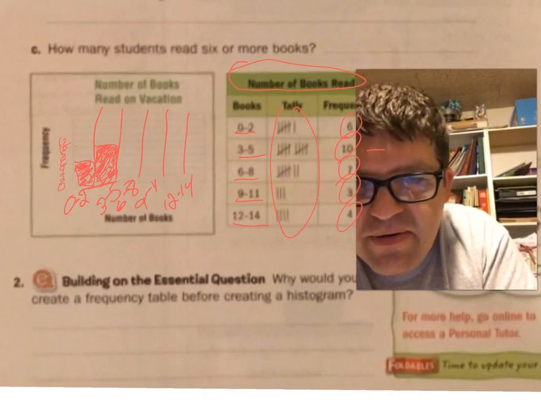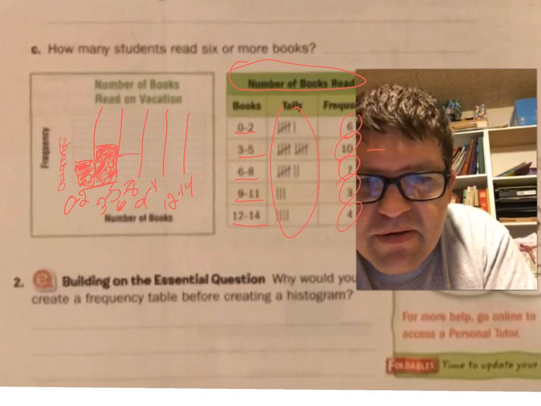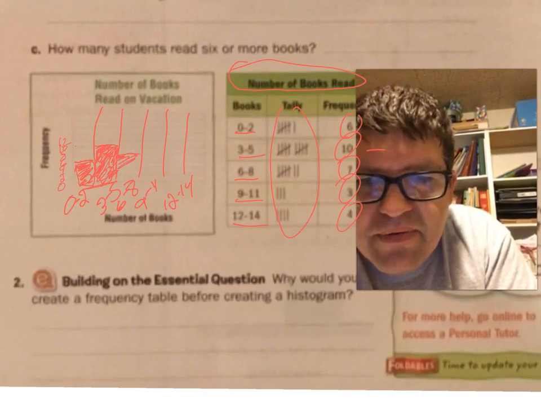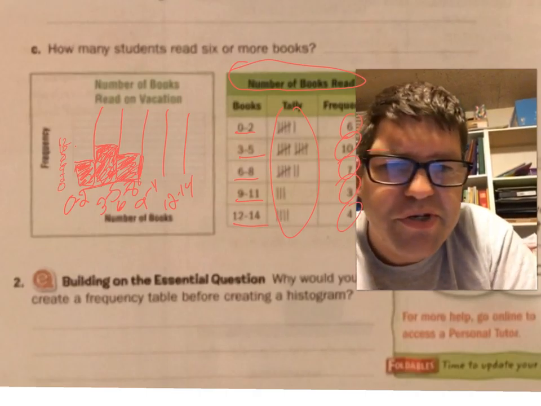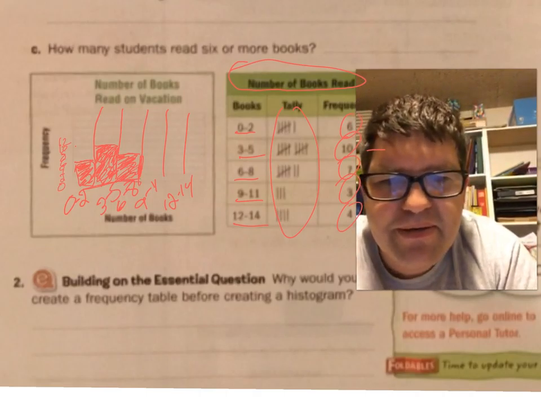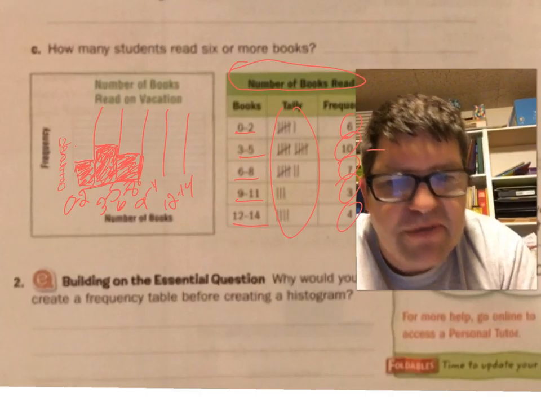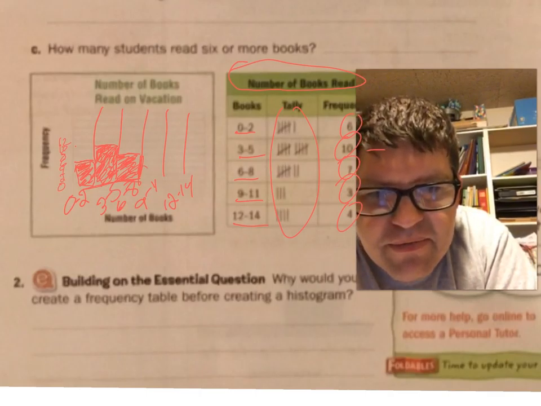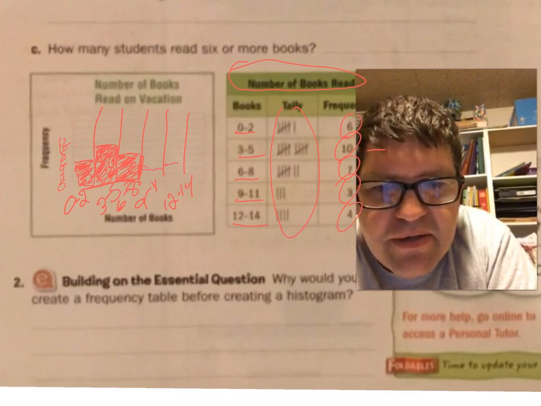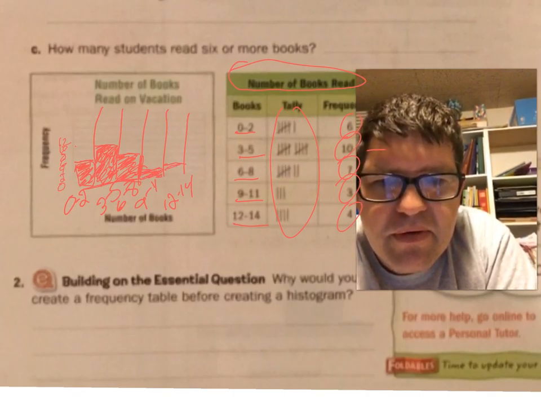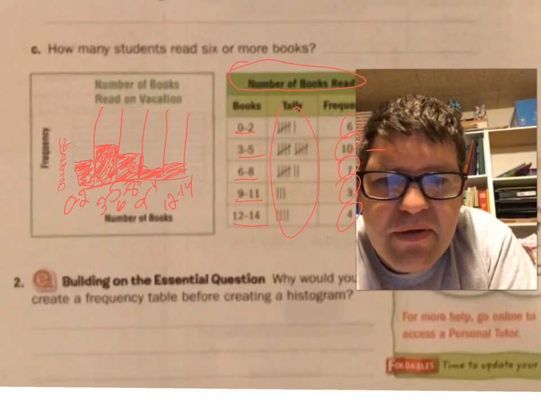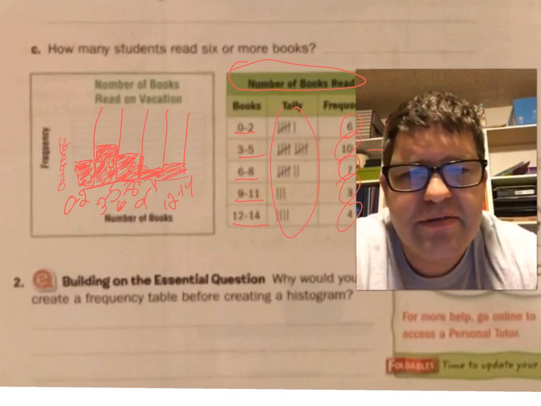There's 7. You can do this more exact on your sheet when you do some independent practice. 9 to 11 is 3. So that one's way down here. And the last one is 4. Okay.